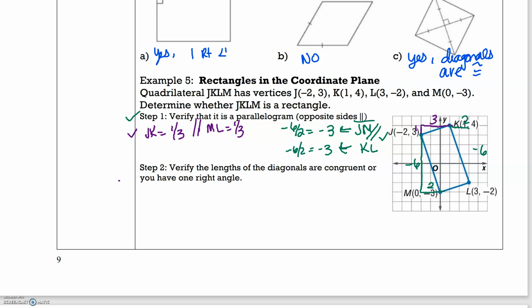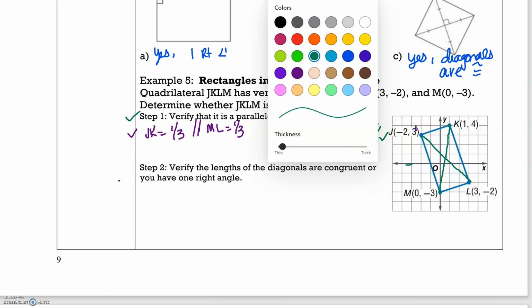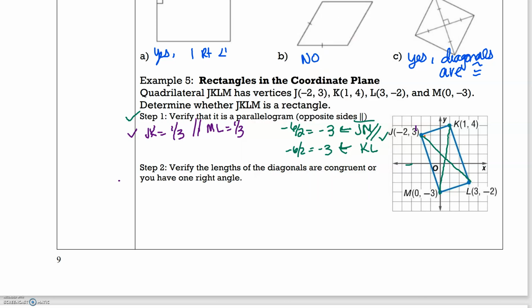And then let's go ahead and check our diagonals. So I have to draw those in because they're not drawn in. So I'm going to go straight down, straight across, and you can calculate this by going from vertex point to vertex point, and you can find the length by doing your leg squared.